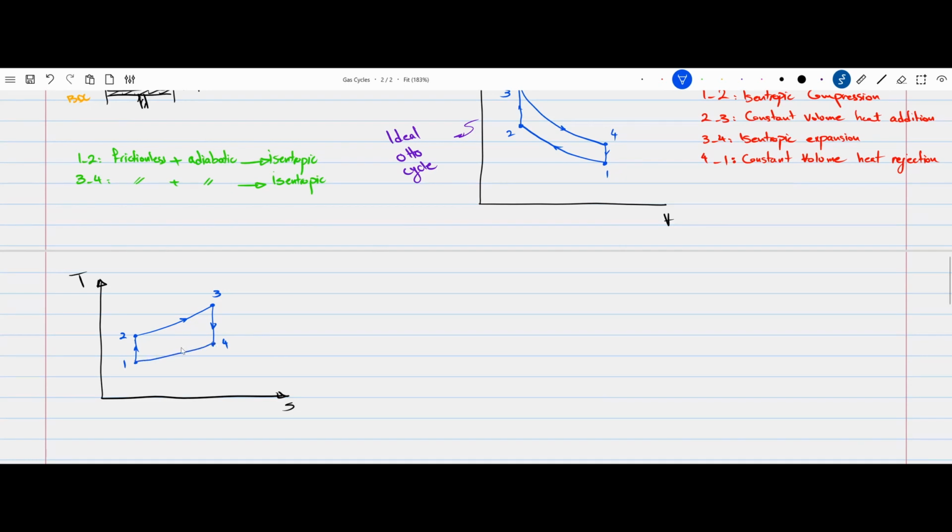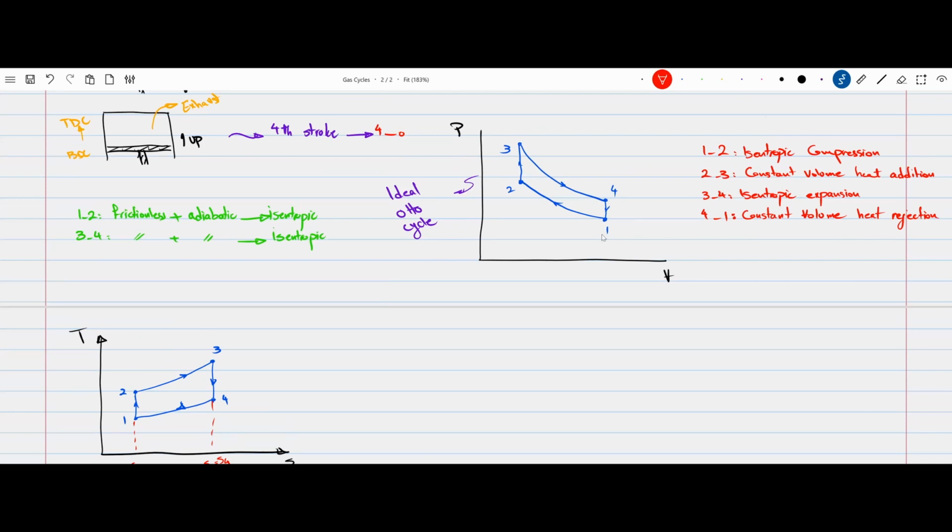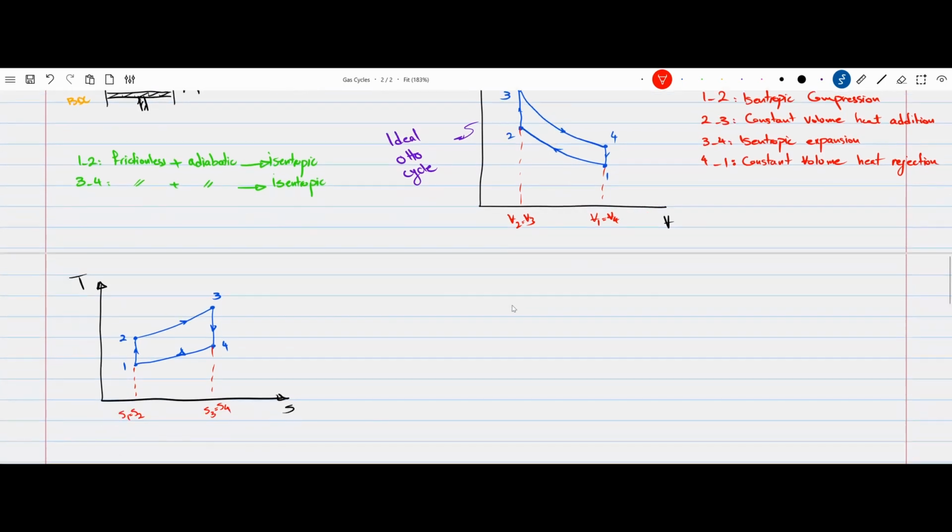And 4 to 1 is a constant volume heat rejection. So please take note that in this diagram, S1 and S2 are the same, S3 and S4 are the same. On the previous diagram also, please take note that V1 and V4 are the same, whereas volume 2 and volume 3 are the same.